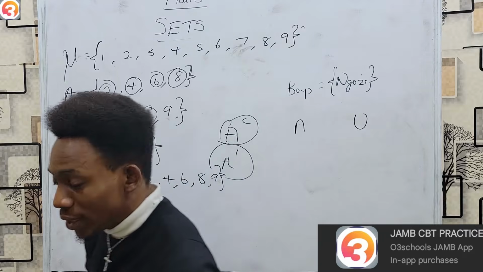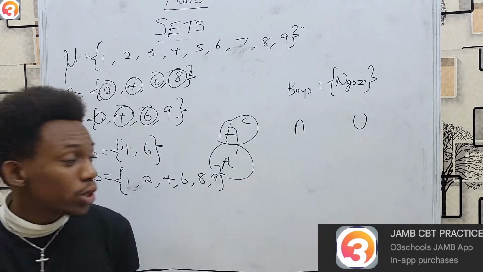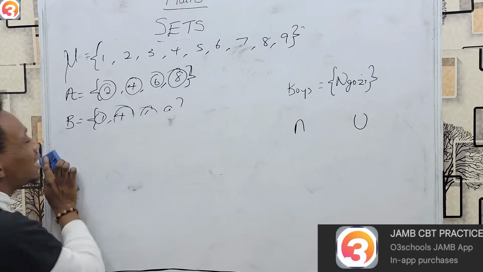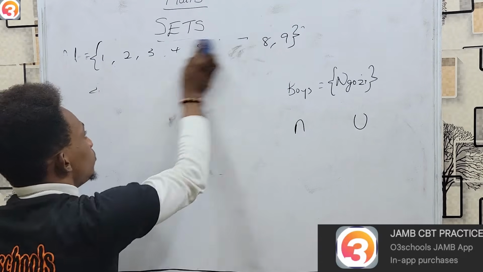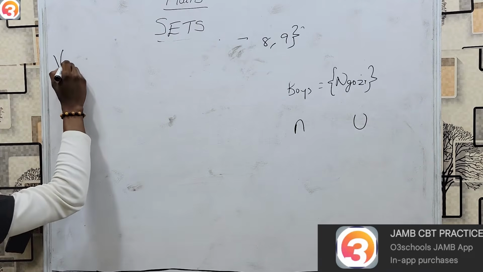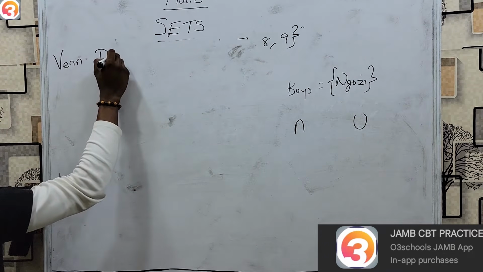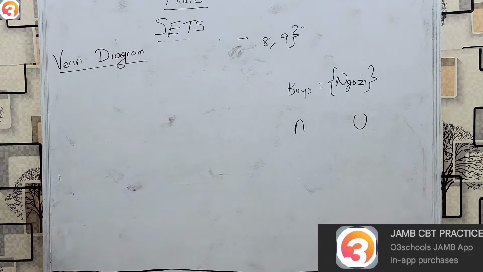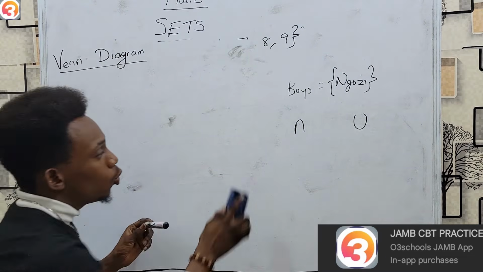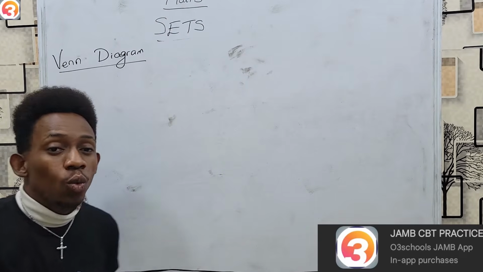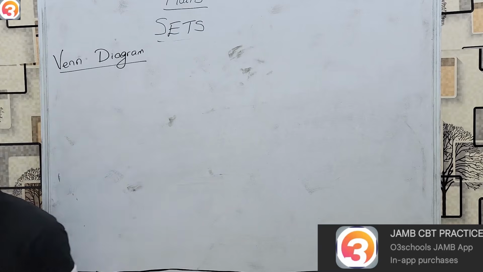Now, the last key thing we have to learn about sets so that we can try to answer JAMB questions is something known as a Venn diagram. Now, let's spell it out. A Venn diagram. Quite simply, a Venn diagram is a diagram which shows you all the information in these sets without actually giving you any words.